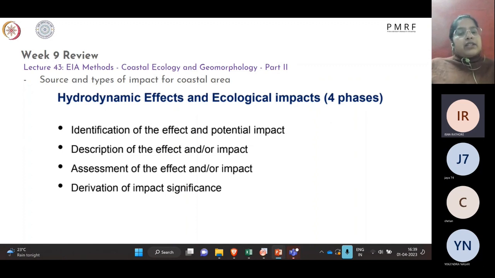The second is describing the effect and the impact. The third is assessment of this effect and impact on the coastal areas or the impact areas, and then assessing the significance and magnitudes of these impacts based on certain parameters and benchmark values.